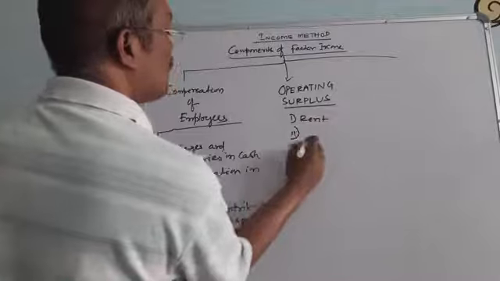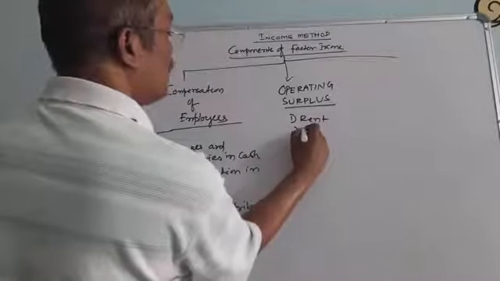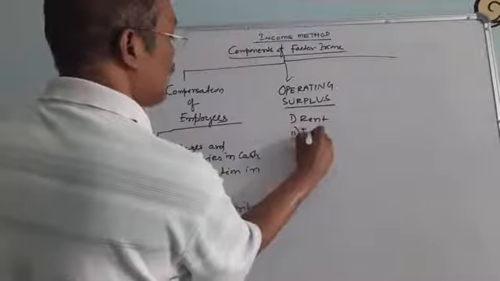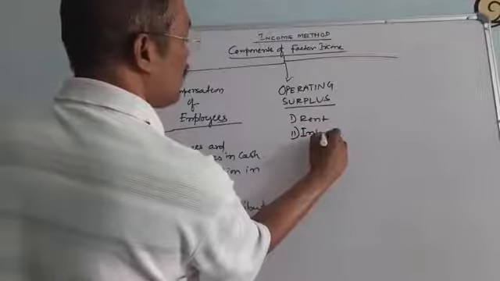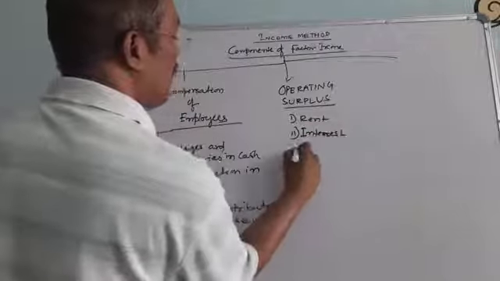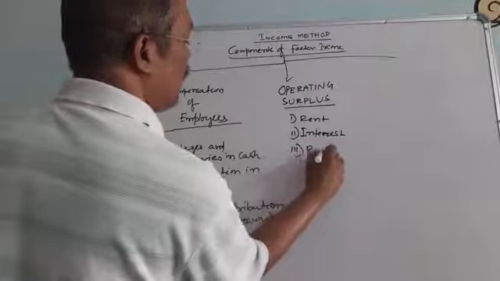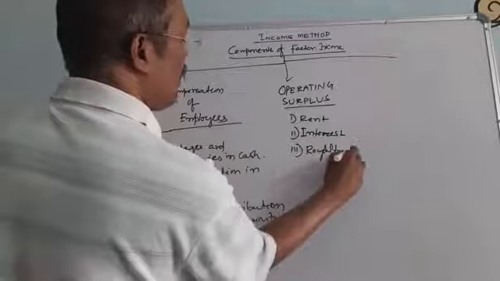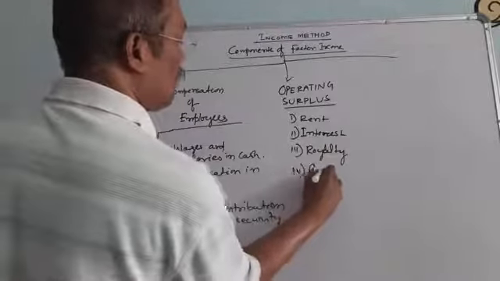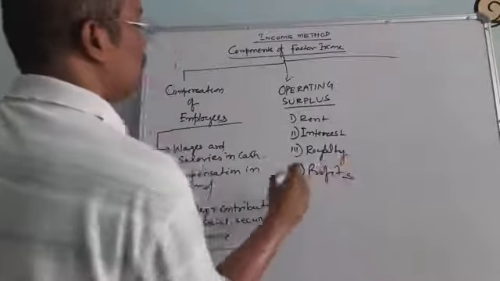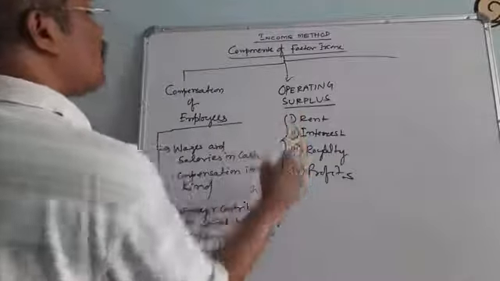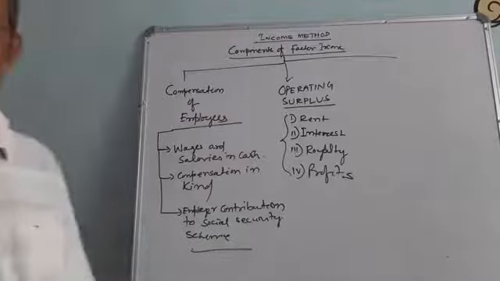Second is the interest. Third one is the royalty. And fourth one is the profit. These are four subcomponents of the operating surplus.